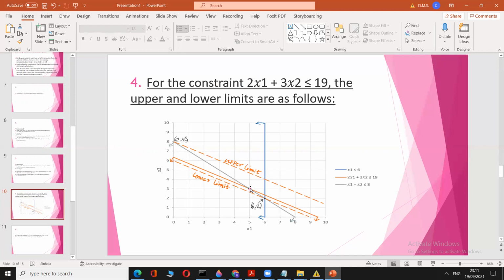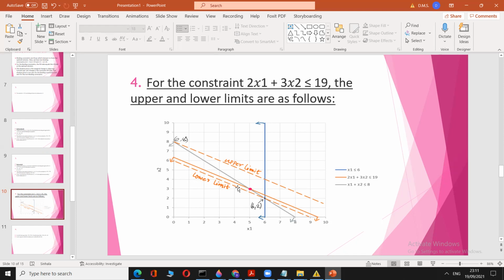Then after that you find the range of feasibility. How do you get it?